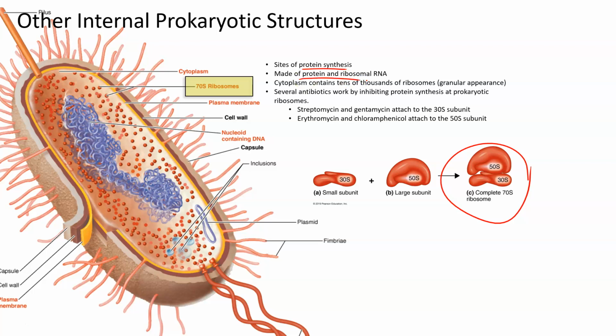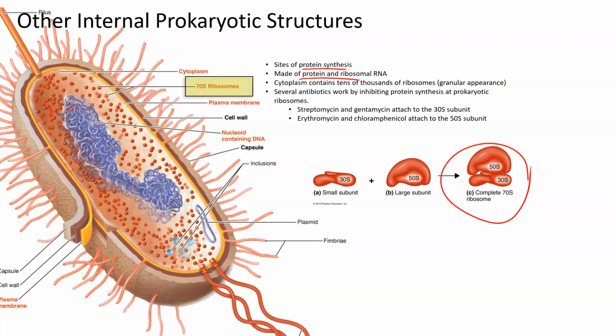Once the proteins are made, they are going to be sent to the rest of the cytoplasm, not organelles. Okay, prokaryotes don't have organelles, but they're going to be sent to different areas within the cell, and are going to basically allow the prokaryote to function the way that it needs to.